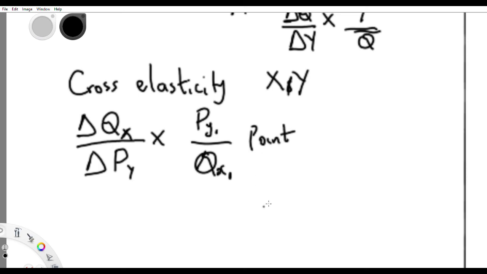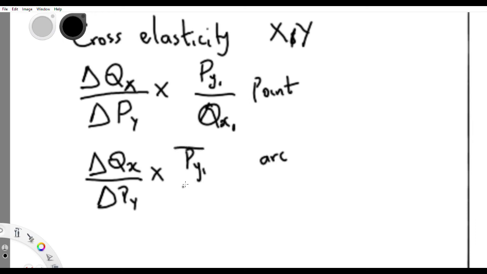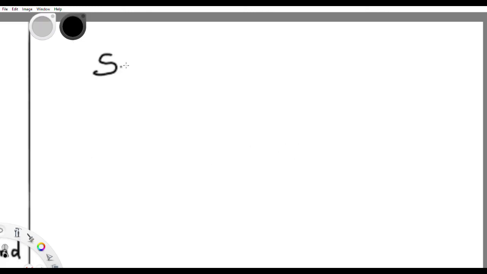And when you are talking of the arc elasticity, you have change in quantity X, change in price Y, times average price for commodity Y and average quantity for commodity X. So that's for arc elasticity.